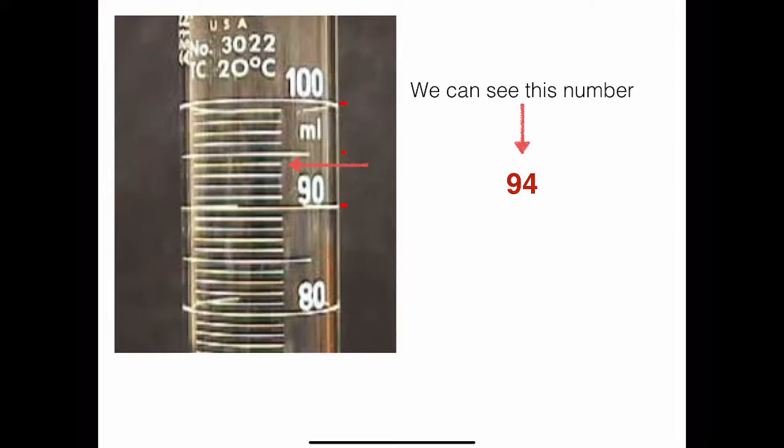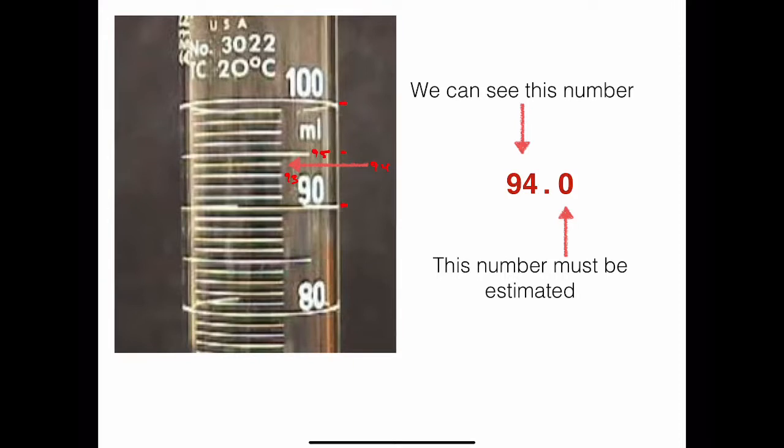What I have to do now is estimate any numbers beyond that that I can't see. So I can see that this number is 95. The number the arrow is pointing to is 94, and one below that is 93. So it's somewhere between 93 and 95. The arrow that I've drawn here looks to me like it would be at exactly 94.0.